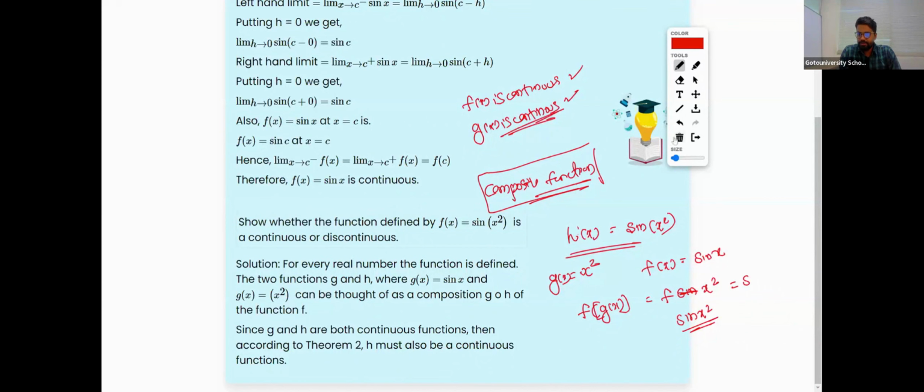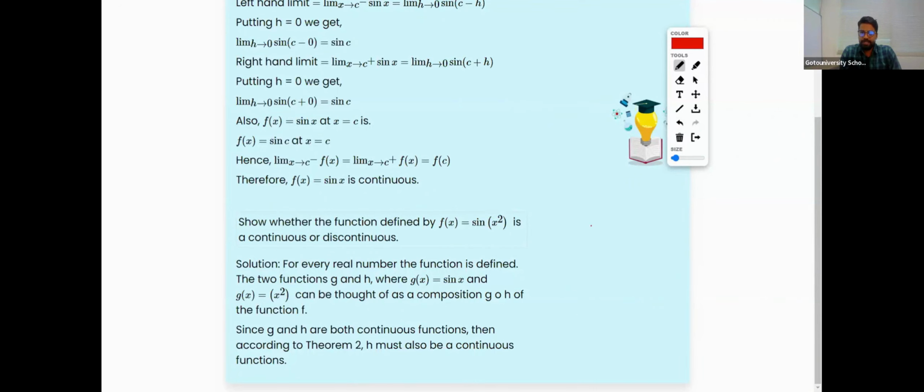So it's not proved here, but we can understand theoretically or with a graph whether they are continuous or not. Firstly, let me erase this. We know if I define f of x as sine x, I already told you the graph of that. So what is g of x now, which is x square? What is the graph of this?